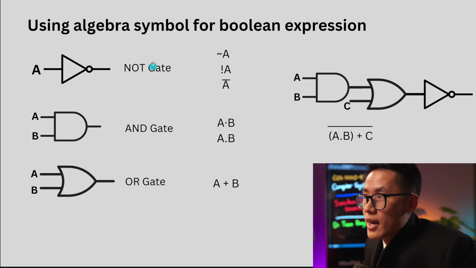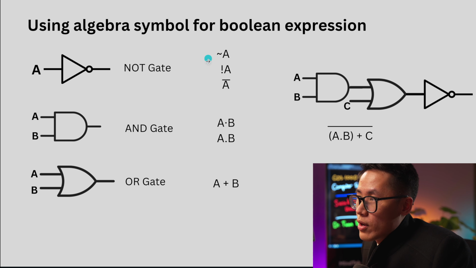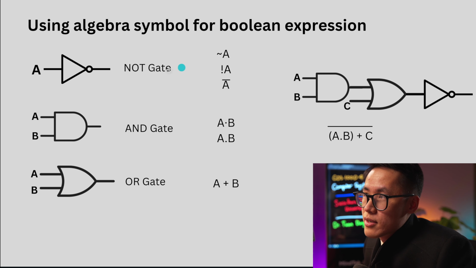So a NOT gate is represented in a triangle followed by the circle. But you can either write NOT, or you can draw the symbol, or you can use algebra like this. So all of these three options represent a NOT gate. So this is not A, this is not A, this is not A.